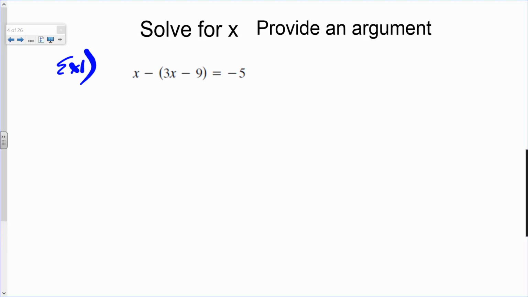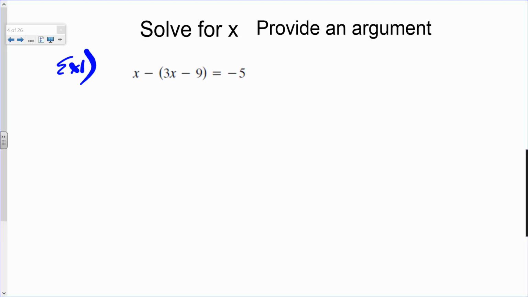Provide an argument for who you're going to vote for, Donald Trump or Hillary Clinton. That means you'll give me a valid reason that substantiates and supports your position. So when I say provide an argument for solving for x, every step of the way we're going to provide a valid reason for why x is equal to something.